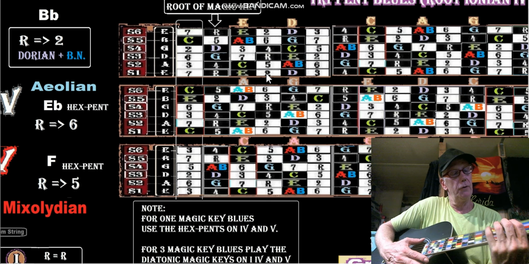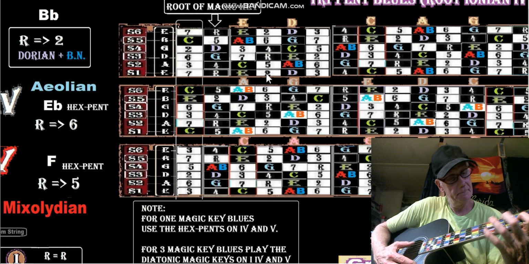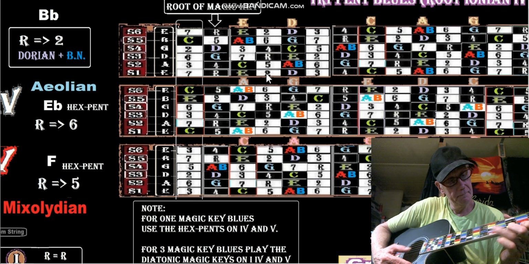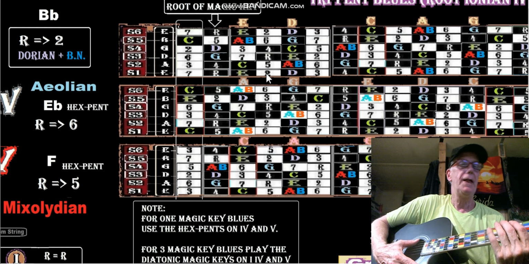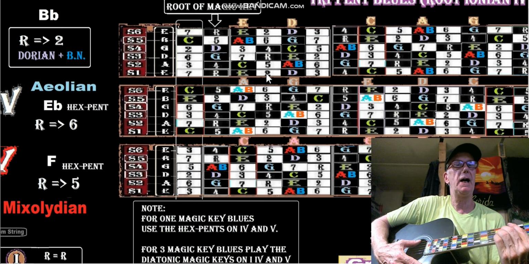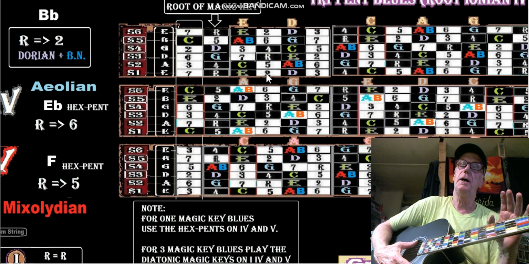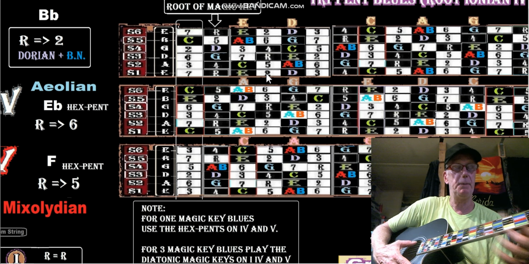The first shape is F. Then we're going to go to the A shape for the B flat. We're going to substitute a shape pentatonic.